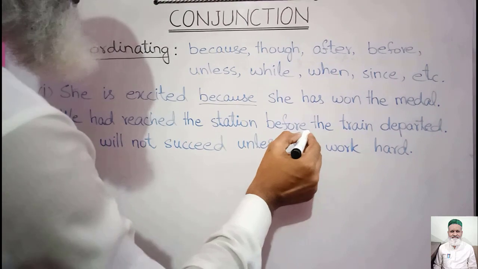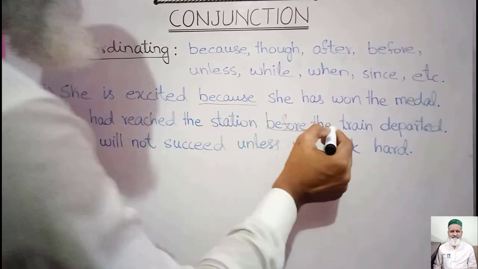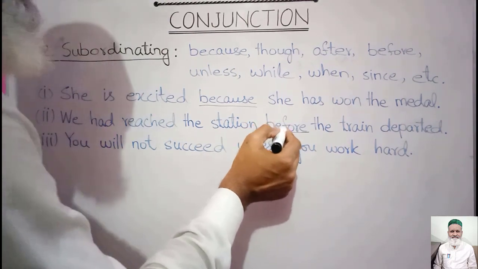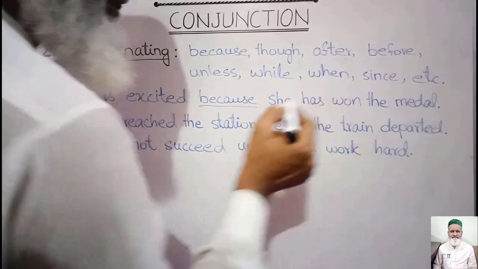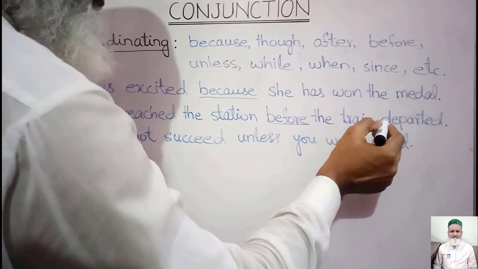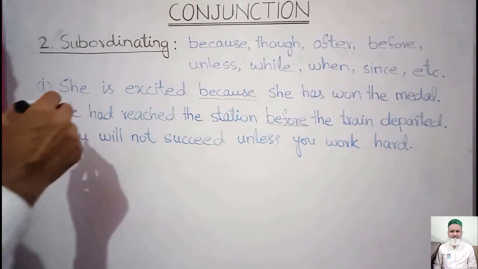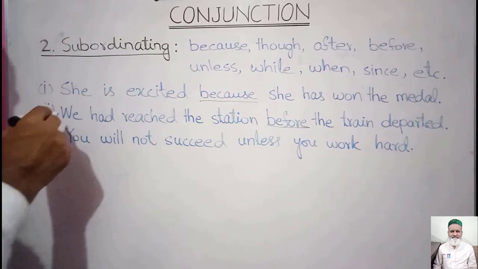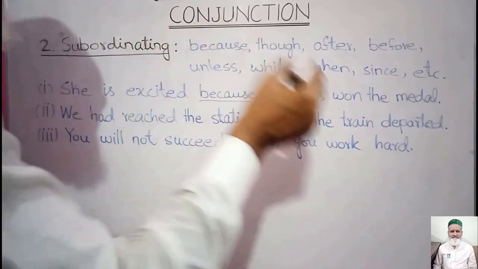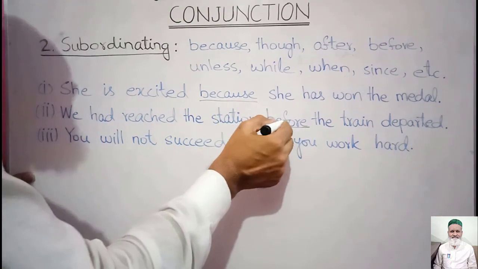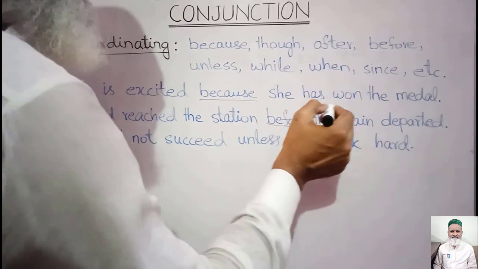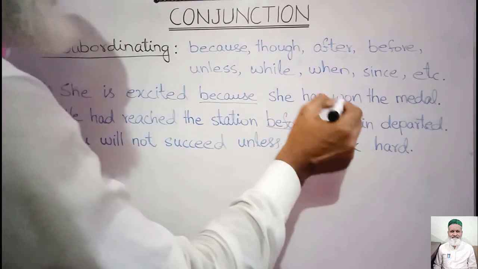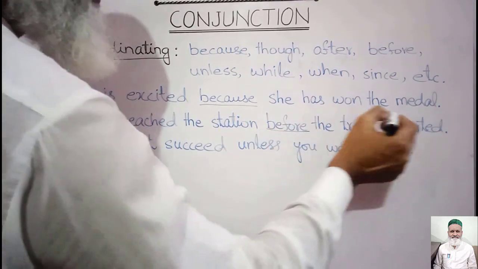The clause coming after this subordinating conjunction is a dependent or subordinating clause, whereas the other clause is an independent clause. We had reached the station is an independent clause, whereas the clause coming after the subordinating conjunction cannot stand by itself. It is a dependent or subordinating clause.